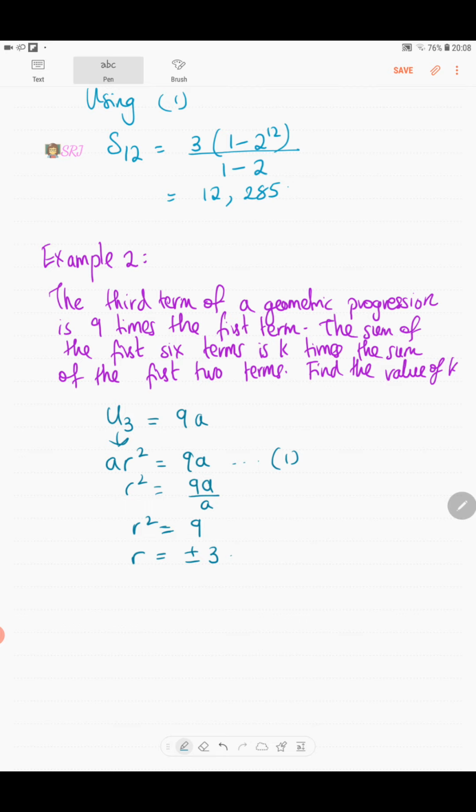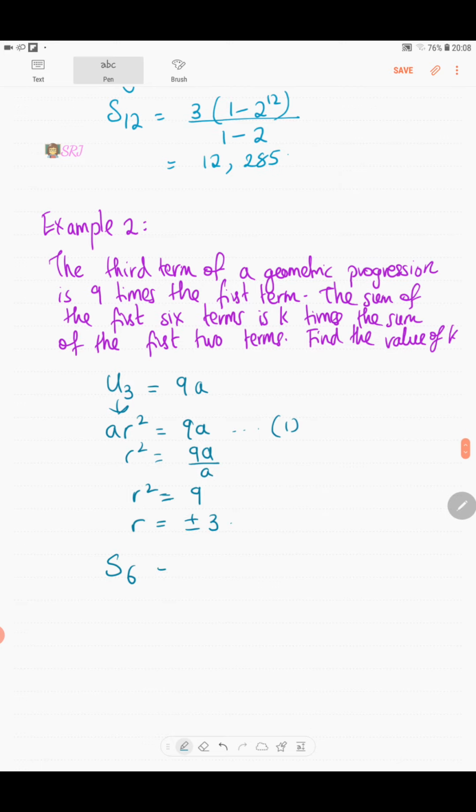The sum of the first 6 terms is k times the sum of the first 2 terms. Now we are talking about the sum. Sum of the first 6 terms, that is S6, is k times the sum of the first 2 terms, that is S2. So here S6 is a into r power 6 minus 1 over r minus 1.